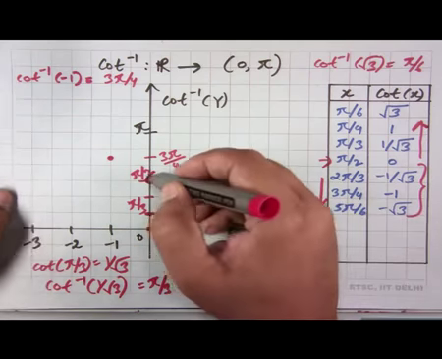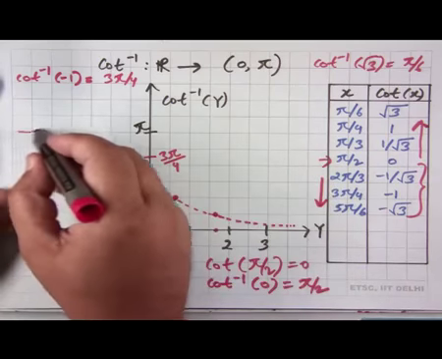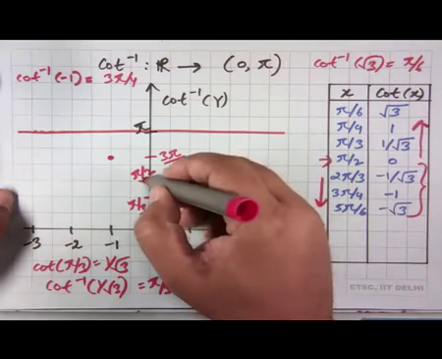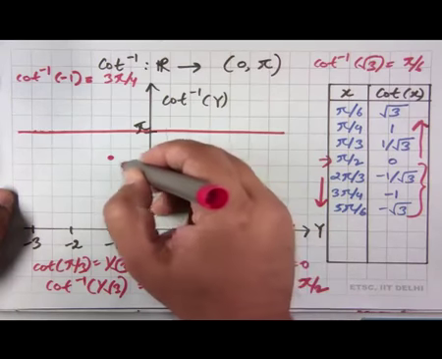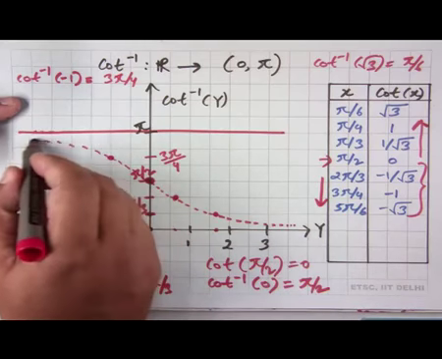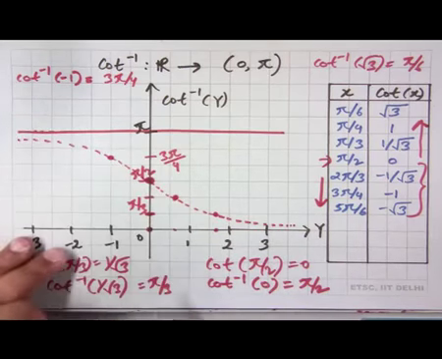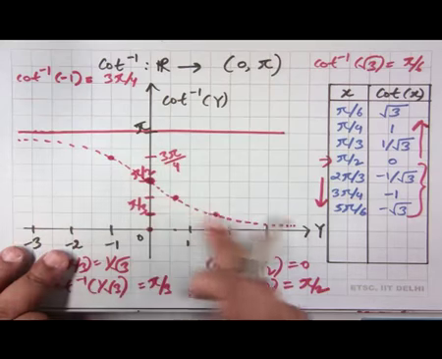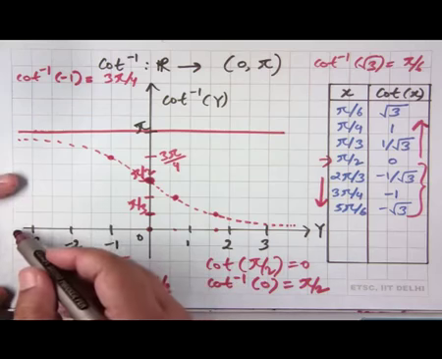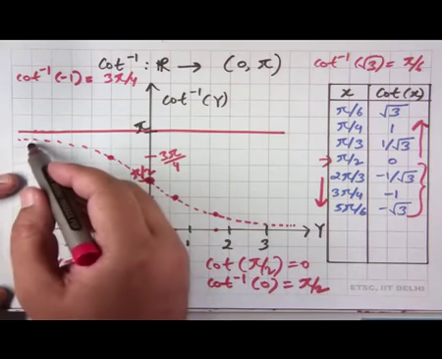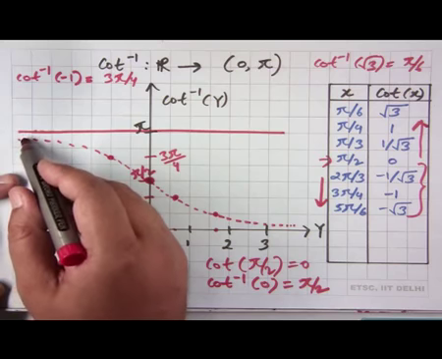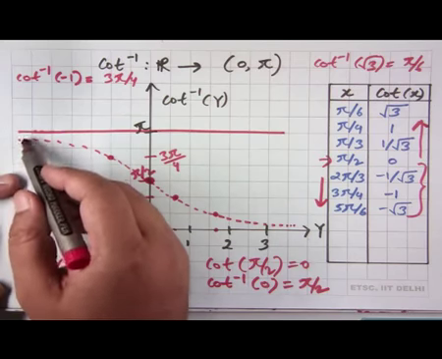So, this is pi, and the dotted curve will go something like this. So, we finally have the red dotted curve for cot inverse of y. As y becomes more and more negative, cot inverse y will tend towards pi, but it will always be less than pi. In fact, it will never be equal to pi.